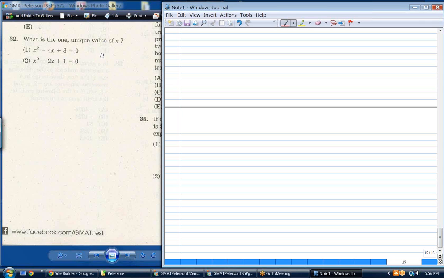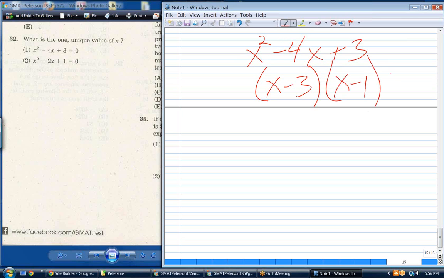Okay. What is the one unique value of x? Well, 1 is no, because that factors into x minus 3 and x minus 1. So you have x equals 3, x equals 1.